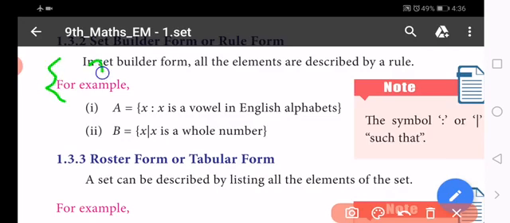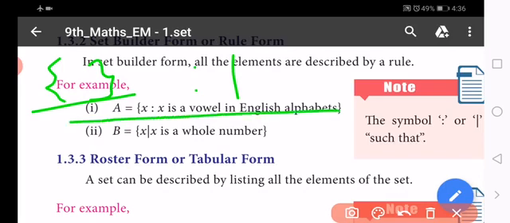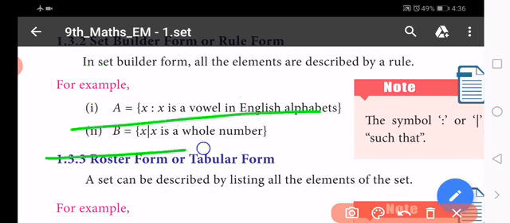This symbol is read as "such that". So how do we read this example? A equal to the set of all x such that x is a vowel in the English alphabet. That's all. The second one, B equal to the set of all x.